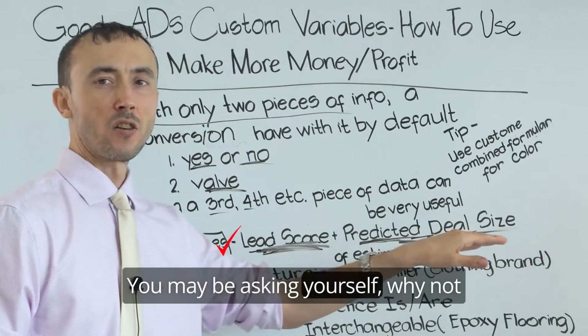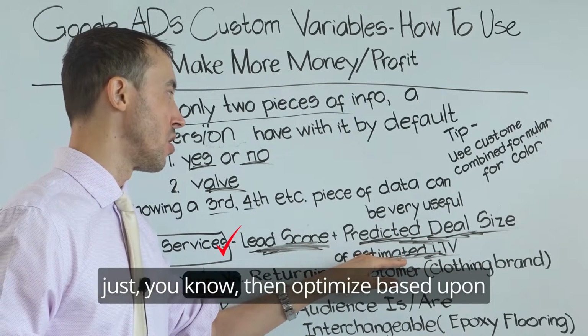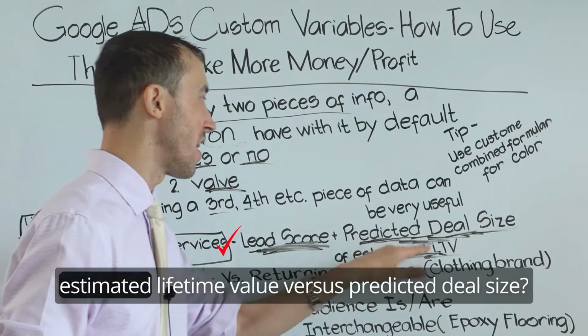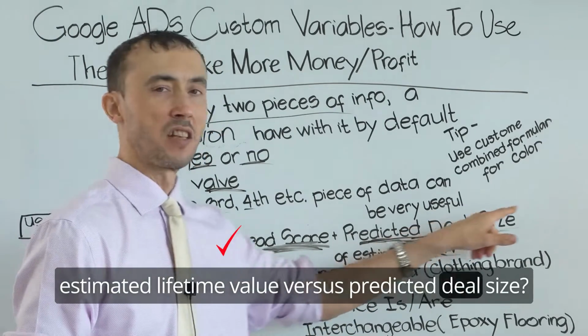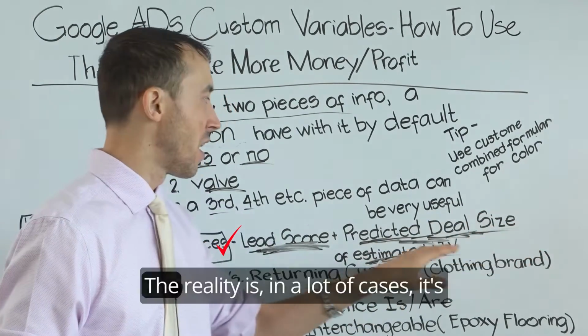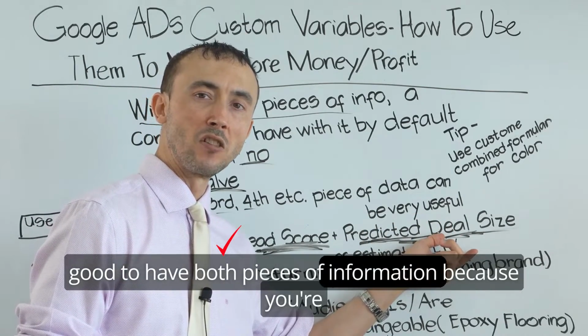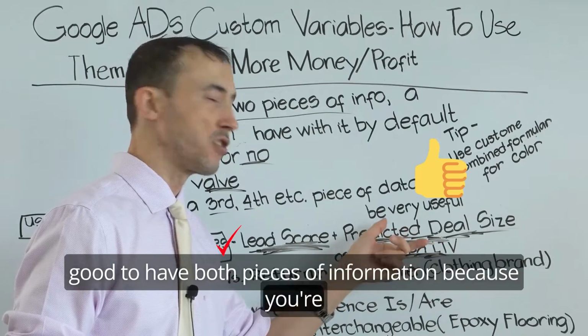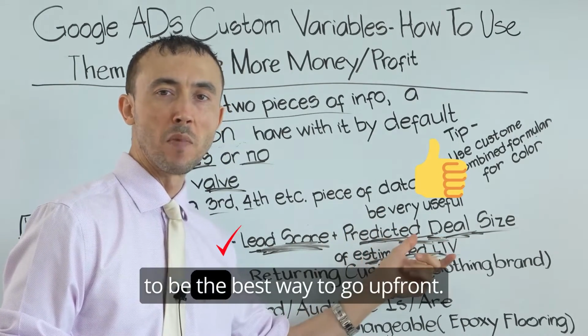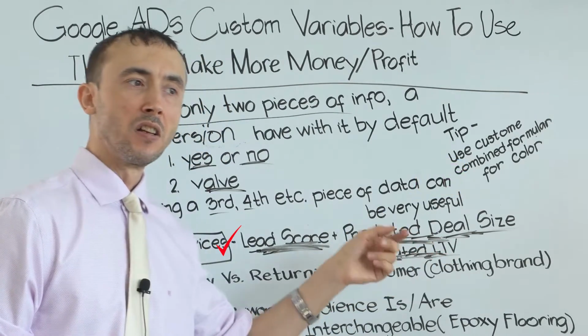You may be asking yourself, why not just optimize based upon estimated lifetime value versus predicted deal size? And the reality is, in a lot of cases, it's good to have both pieces of information, because you're not going to be quite sure what is going to be the best way to go up front.